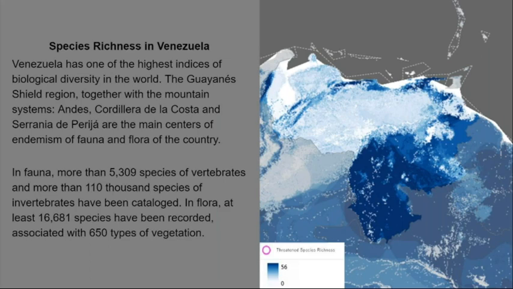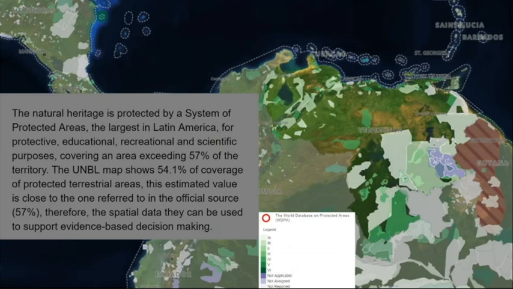Here you have a first map of the UN Biodiversity Laboratory that shows the distribution of the species richness in the country. The next one.